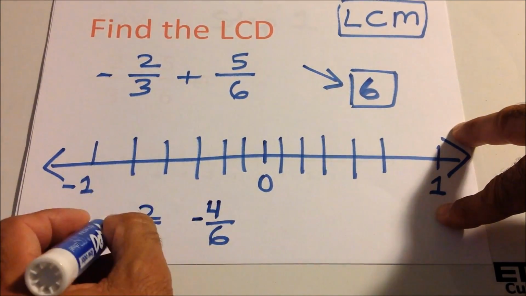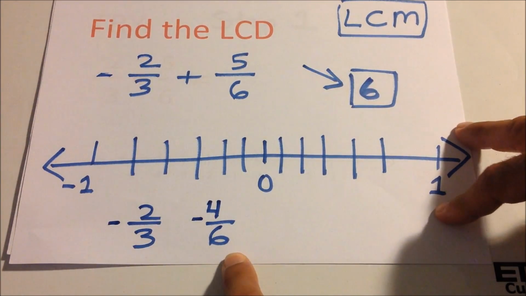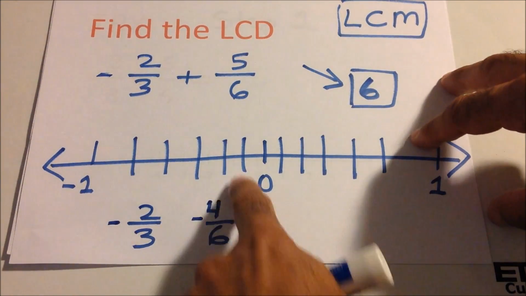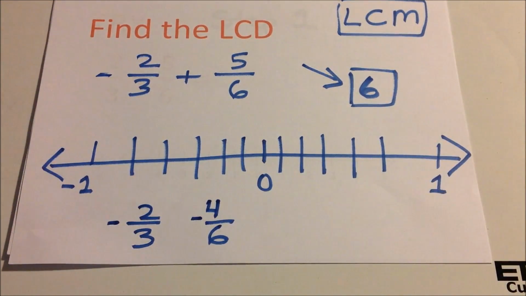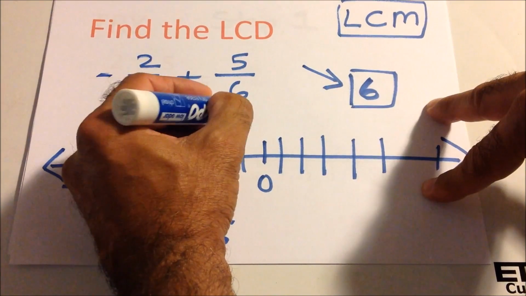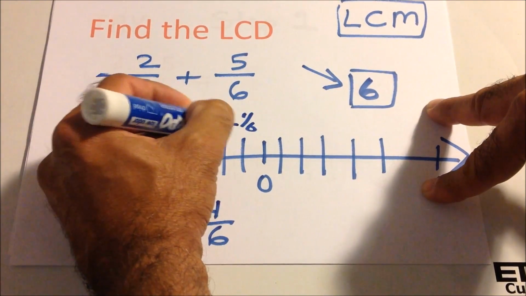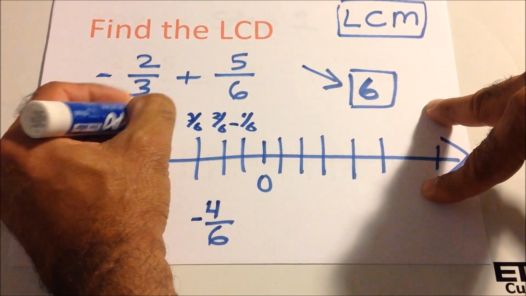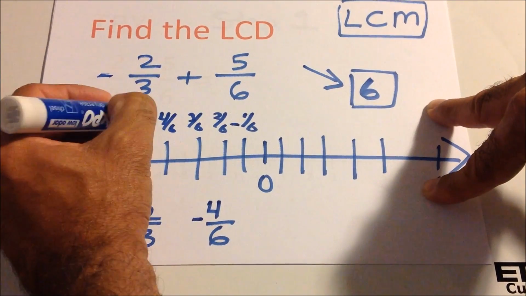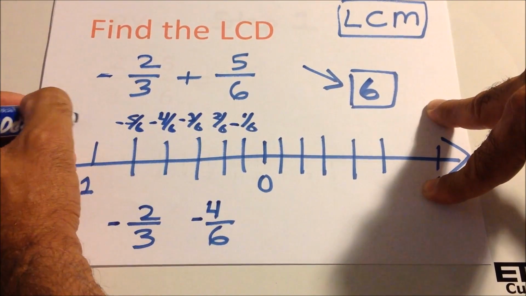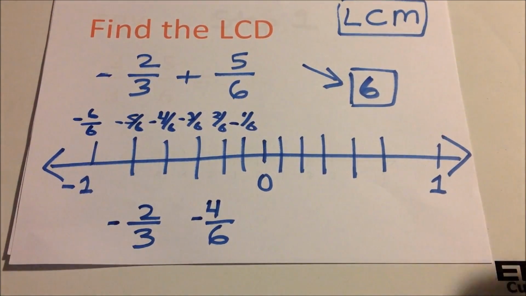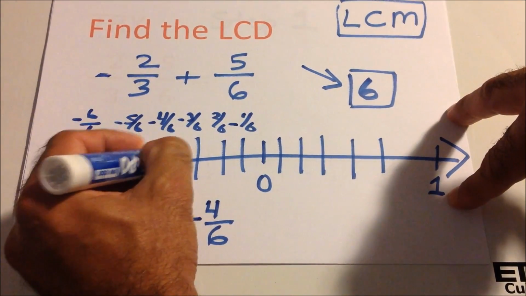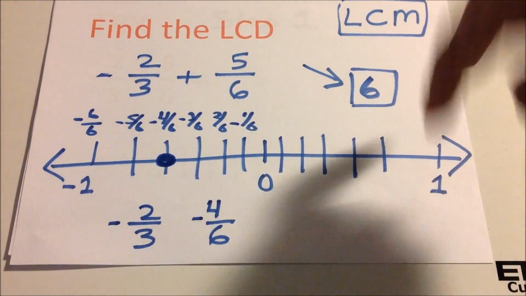So this will be -4/6. So where's -4/6 on the number line? So this is -1/6, 2/6, 3/6, 4/6, 5/6. Remember, these are all negatives. And of course, the -1 is -6/6. So -2/3 is right there. That's -2/3.